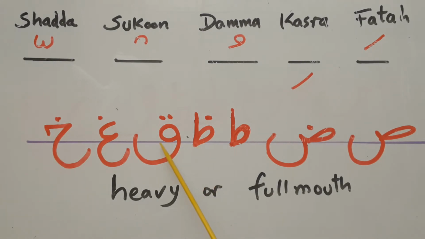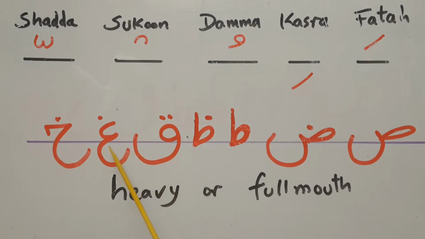And qaf, similarly, qaf is right at the back of the tongue anyway, and your tip of the tongue stays more or less flat. And the back of your tongue goes towards your palate. Okay, qaf.